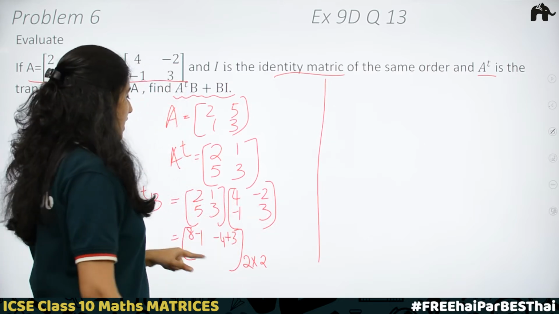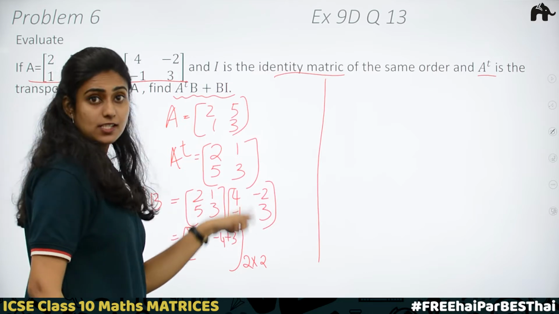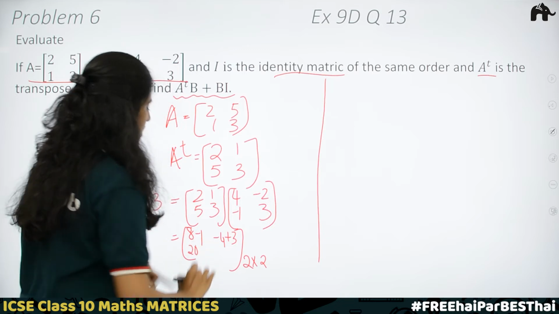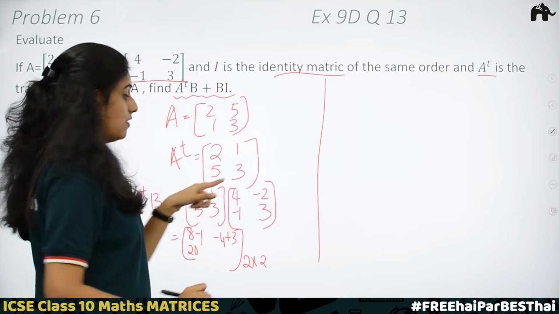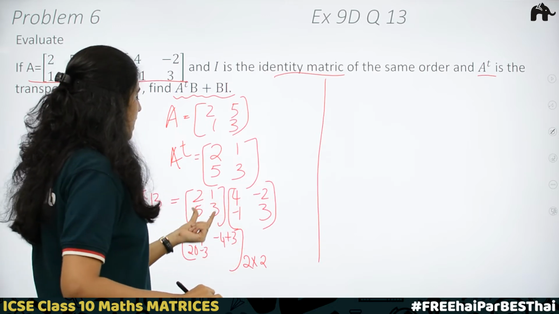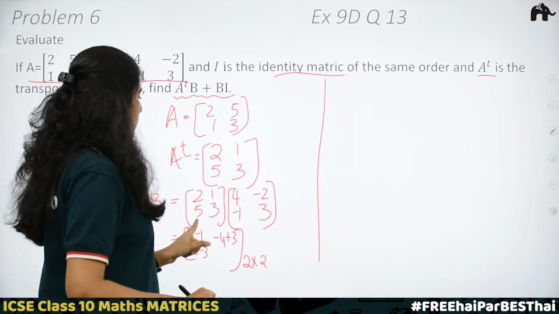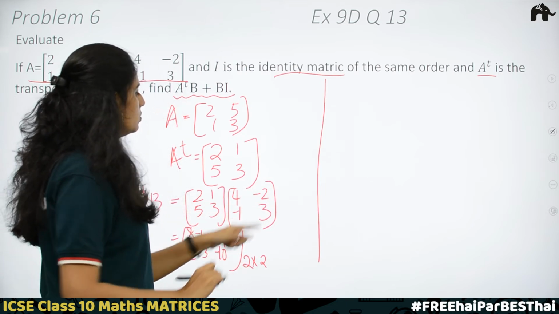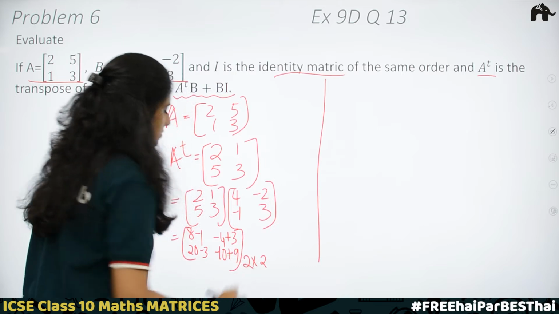Third element, second row, first column: 5 into 4 is 20; 3 into minus 1, minus 3. Fourth element, second row, second column: 5 into minus 2, minus 10; 3 into 3, plus 9.